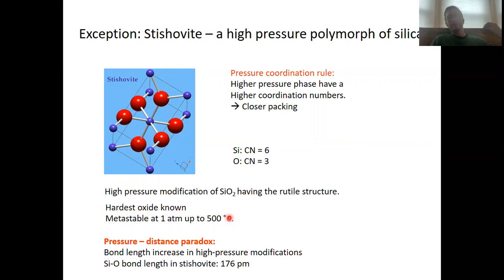You can make it at very high pressure, and then you can release the pressure, and the Stishovite, due to its strong bonding, remains metastable. Only when you heat it to a higher temperature does it slowly transform back into an ambient pressure polymorph.